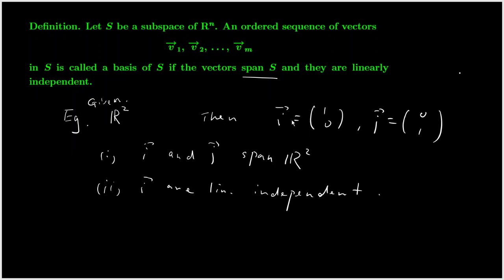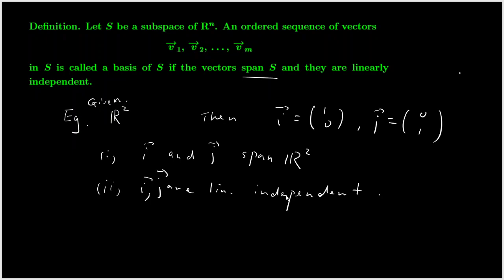So the two vectors I and J satisfy the two conditions. Again, I want to repeat the two conditions. One condition is that the two vectors span R2, and the other is that the two vectors are linearly independent.